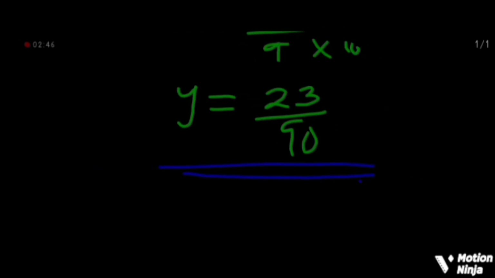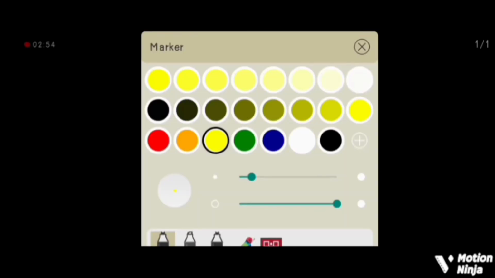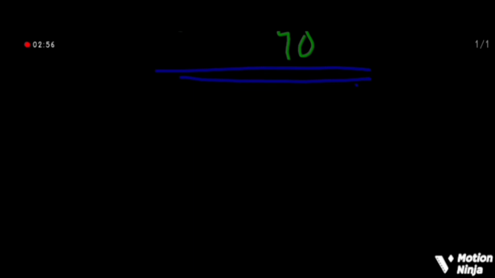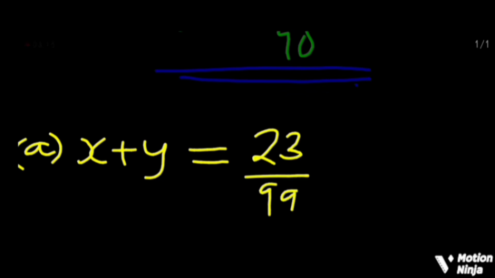So we are going to part A. Let us change the color. Part A, we are supposed to add x plus y. We have found that x is 23 over 99 plus y is 220.